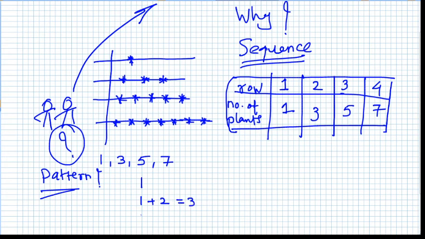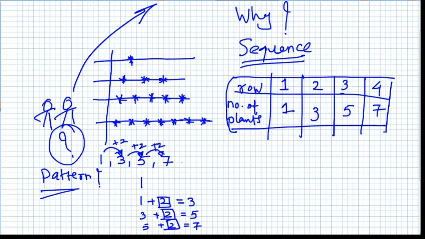The next number again I can get by adding 2, that is 3 plus 2 equals 5. In the same way, the last one I can get by adding 2 again, so we get 7. So see, everywhere we are adding 2 to get the next number. 1 plus 2 is 3, 3 plus 2 is 5, and 5 plus 2 is 7.